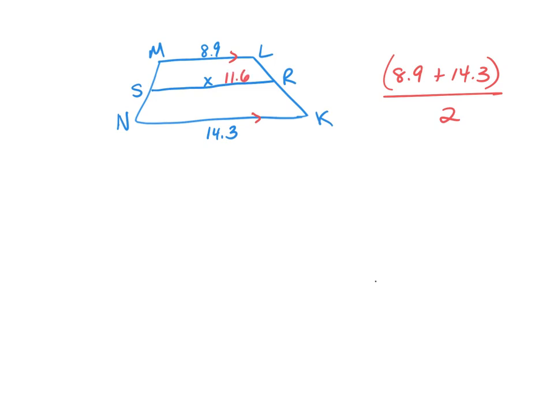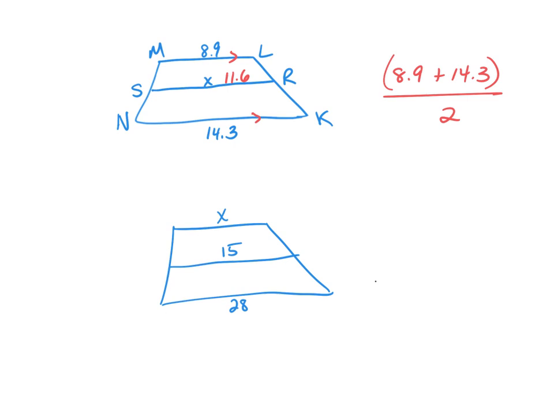All right, so here's the trick. If the x is in a different spot, if it's in the top or the bottom, let's do one like that. I don't know if there's any on this homework, but you're going to have to do it by the end of this section. So let's say we have a trapezoid like this, and we have an x here, and a 15 here, and a 28 here, okay?